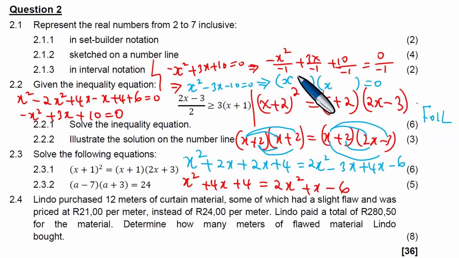I think it's going to be negative 5 and 2. Then at this point, it means that x is 5 or x is negative 2.